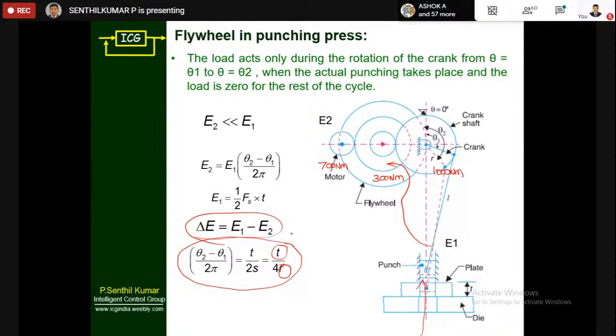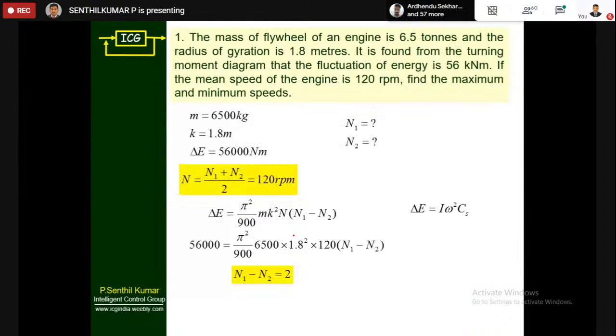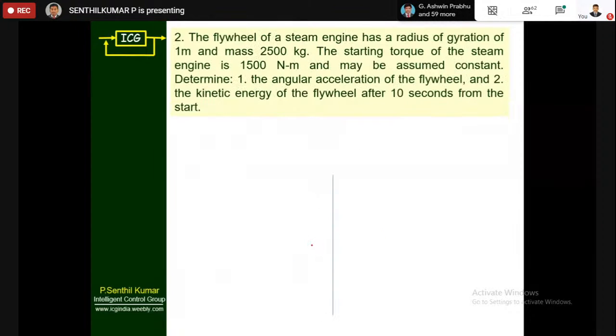This is possible. And apart from that, some problems where they will give some data like mass, radius of gyration, then fluctuations of energy. They will ask you to find the minimum and maximum speed. Okay, N1, N2. So that you can find using this formula. These are some simple questions they can ask.